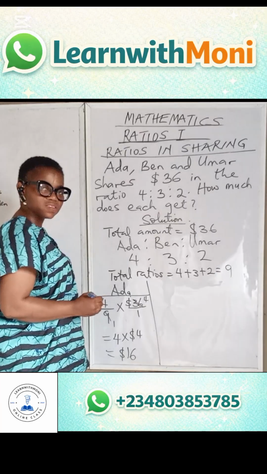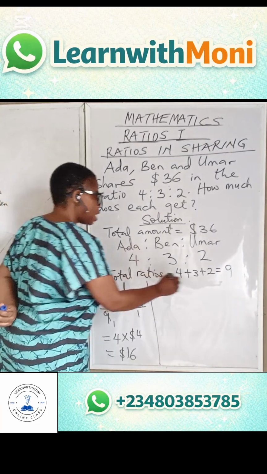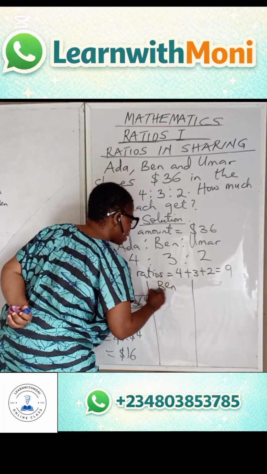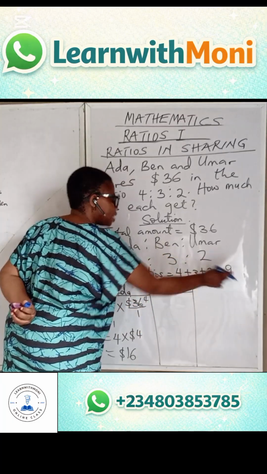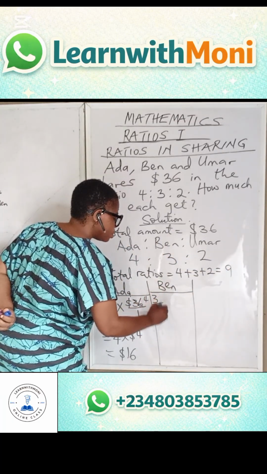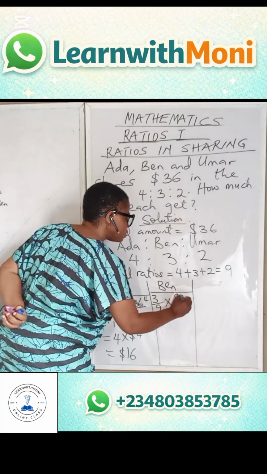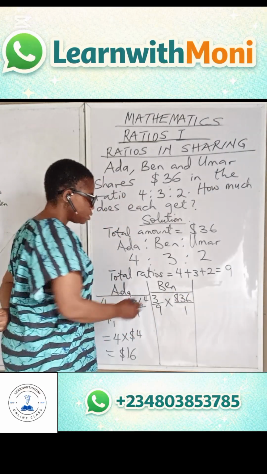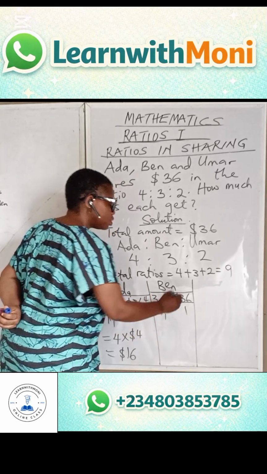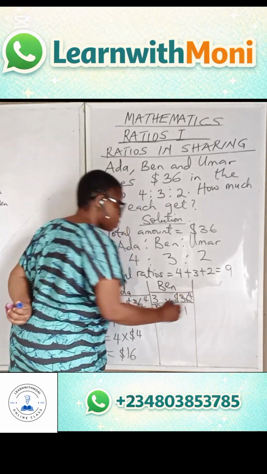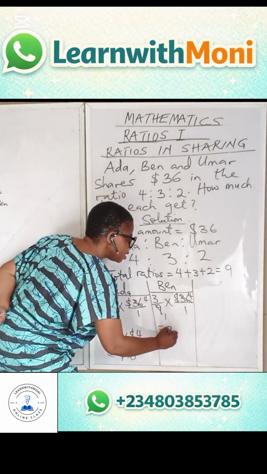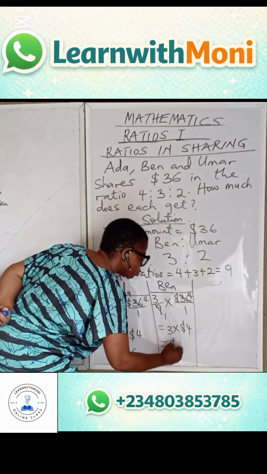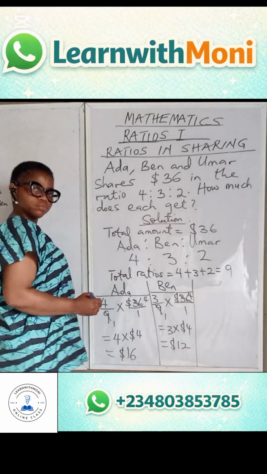So Ada is taking $16. Let's see for Ben. Ben is taking 3 parts out of the 9. 3 over 9 of $36. 9 divides 9 once. 9 divides 36 4 times. And that is 3 times $4, which is equal to $12.